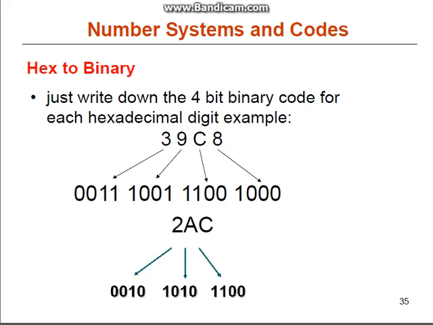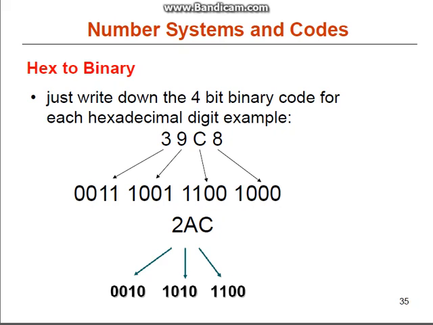In the case where you want to change from hexadecimal to binary, look at it here. You just write down a 4-bit binary code. For example, 8, if you look at your binary equivalent, is actually 1000. Your C is actually what? A is 10, so B is 11, C is 12.